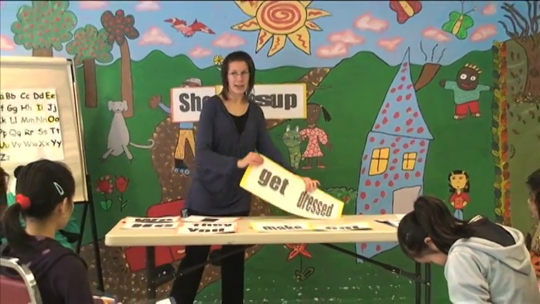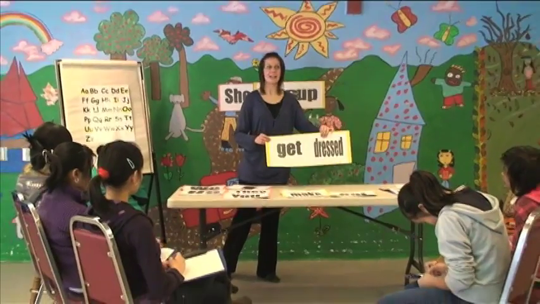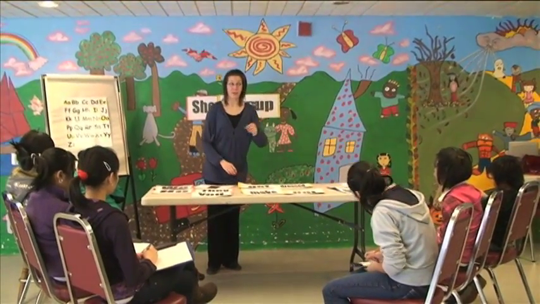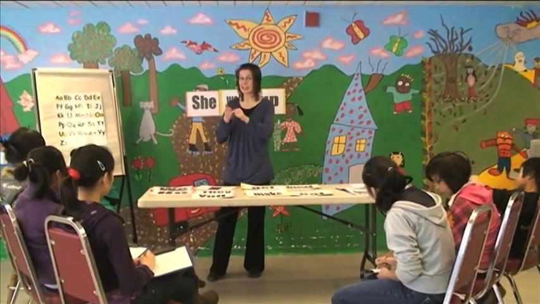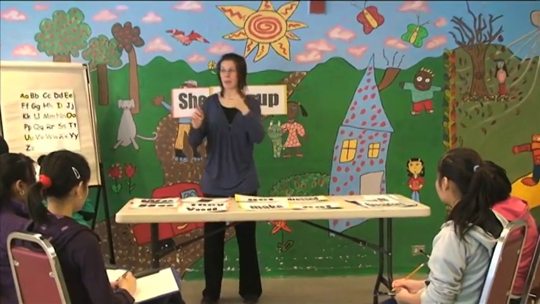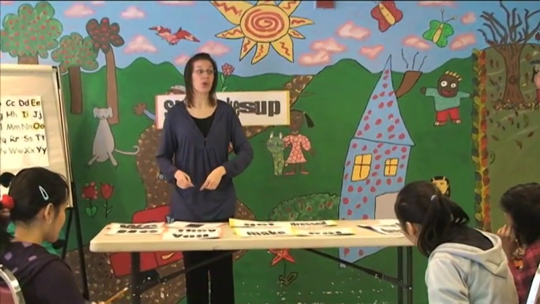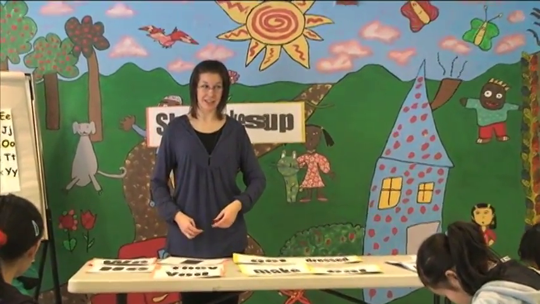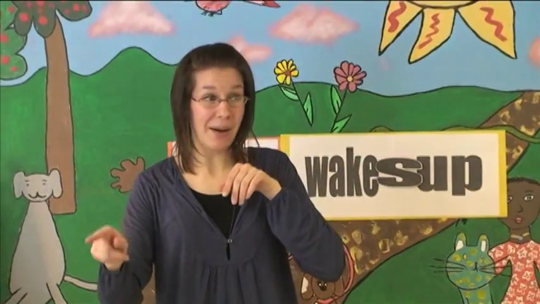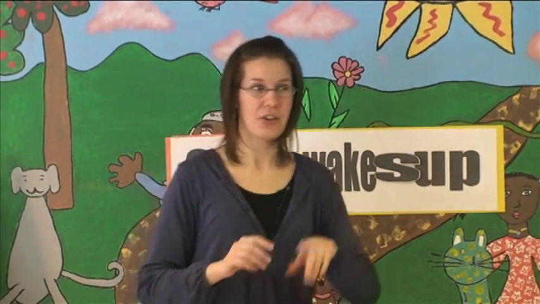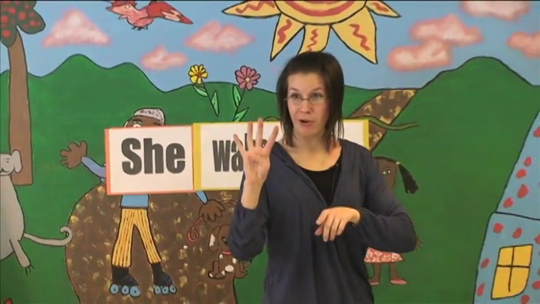Balmuna gets dressed. Now, when you are finished, you can read your sentences, and Balmuna, she will show you the sentences. So if you say Balmuna wakes up, Balmuna, she will wake up. Okay? So write your 3 or 4 sentences about someone else.